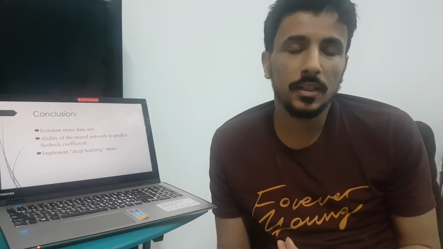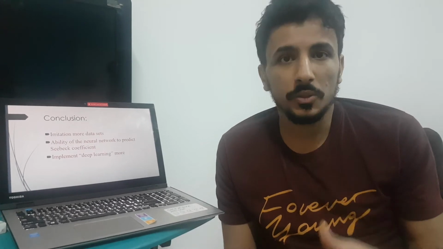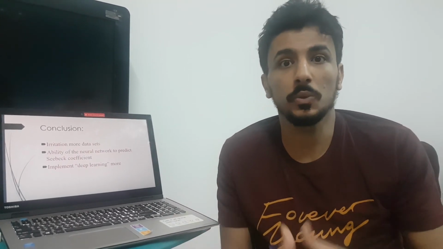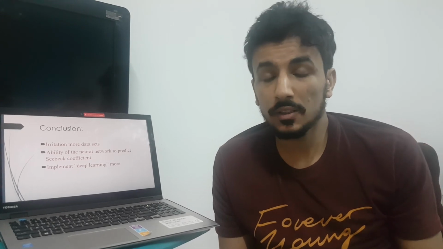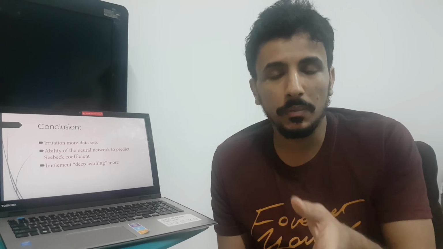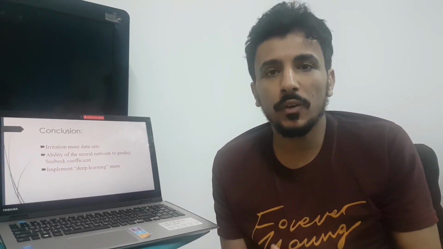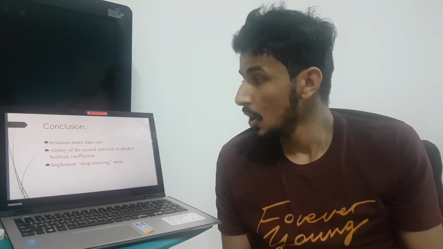In conclusion, as I said in the beginning, we are still in our first experiment. We need more time to reach something that hopefully will be great, and we need to iterate on more data sets such as valence electrons, and also implement more deep learning until the model can identify its optimal elements by itself.